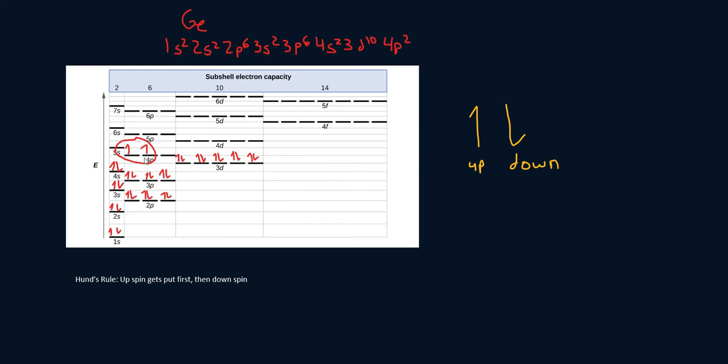So maybe you can see why germanium has the charge that it does. Germanium is going to have a +4 charge.